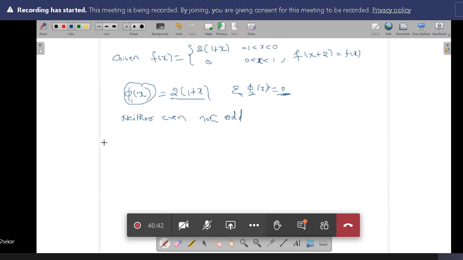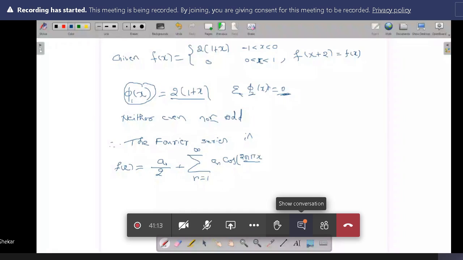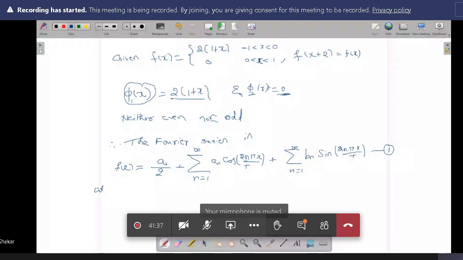Therefore the Fourier series is f of x equals A naught by 2 plus summation n from 1 to infinity An cos 2n pi x by T, plus summation n from 1 to infinity Bn sin 2n pi x divided by T, called equation 1, where A naught, An and Bn are defined.